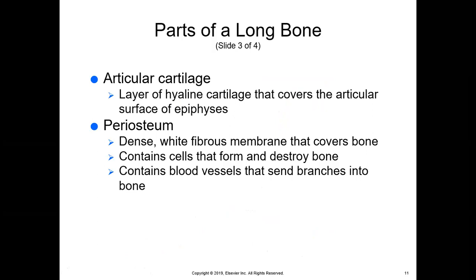The function of the articular cartilage is to cushion jolts and blows to the bone. The periosteum attaches the tendons of the muscles to the bone. It contains blood vessels as well. So the periosteum is essential for bone cell survival and bone formation.